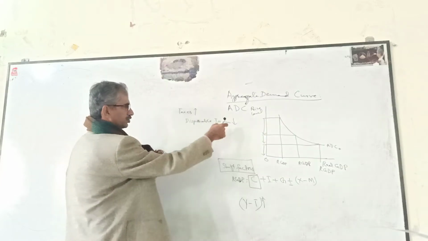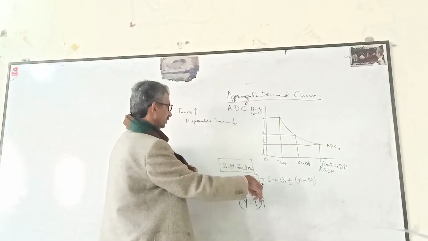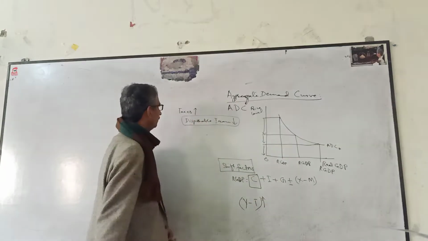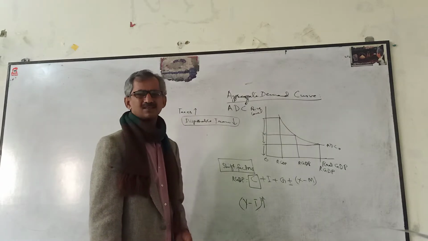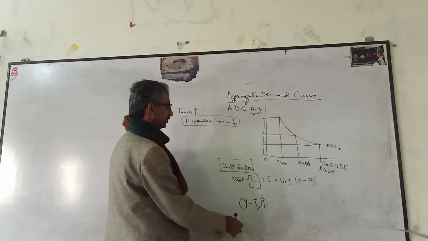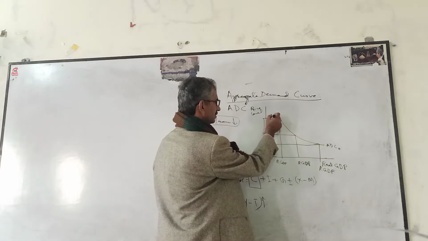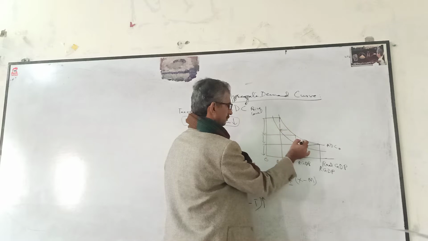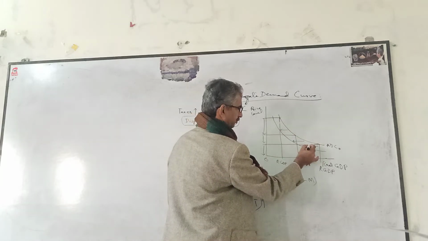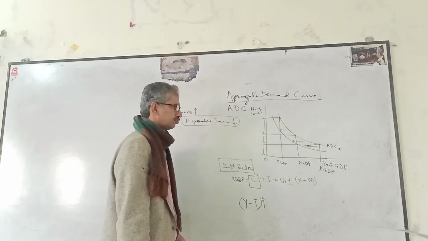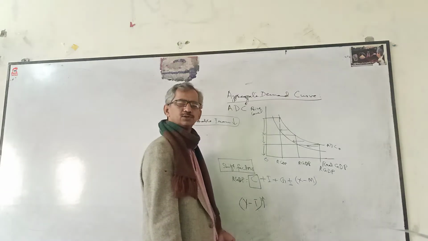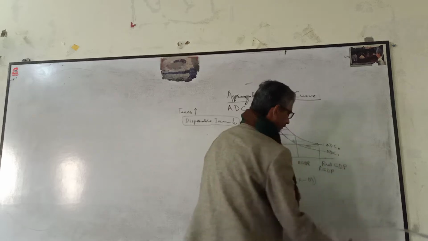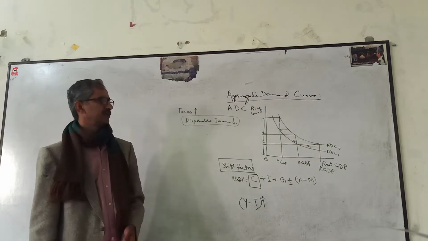So the first factor which is going to shift the aggregate demand curve is the disposable income, and especially the taxes. When taxes increase, people's disposable income falls, so there will be an inward shift. Suppose there is an inward shift in the aggregate demand curve from the original one.